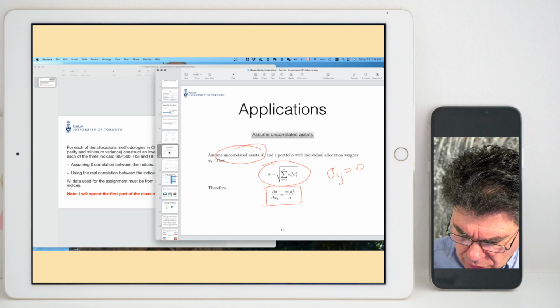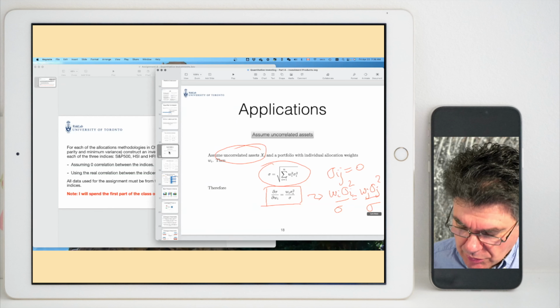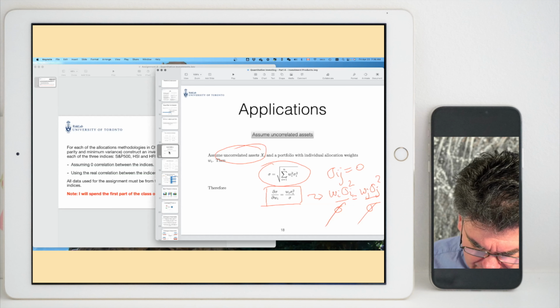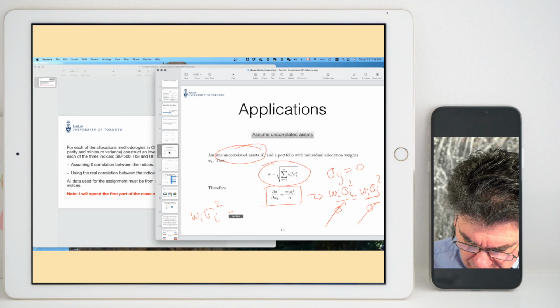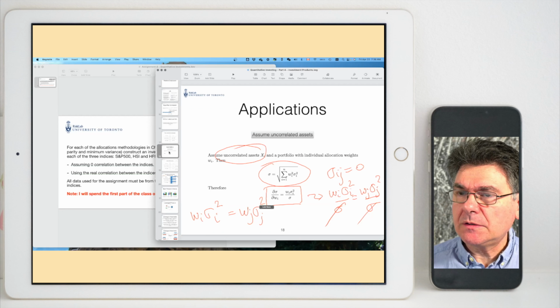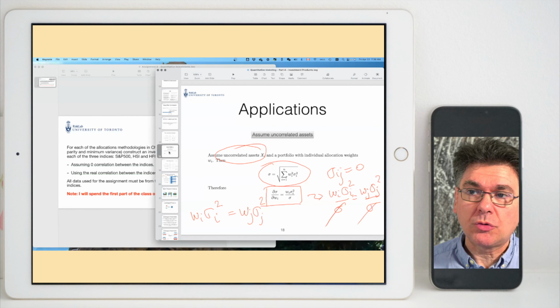So if we want all of these to be the same, we saw this last week, we want all of these to be the same for different i's and j's, we need this thing to be true. So this thing cancels, and what we need is that w_i sigma_i squared has to be equal to w_j sigma_j squared. And these have to add up to the money we have.